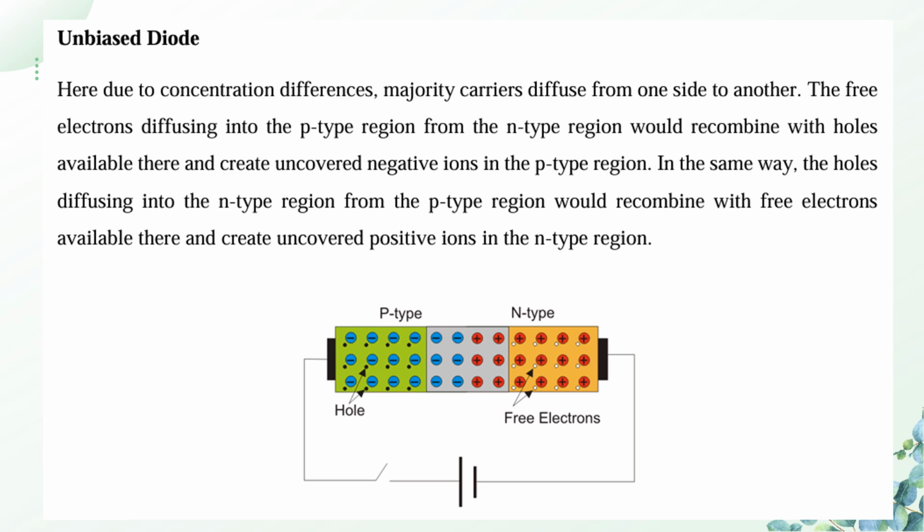Due to this carrier concentration, the charge carriers will move from p-type to n-type and similarly from n-type to p-type. At the p-n junction, some carriers will recombine and they will constitute a small leakage current.